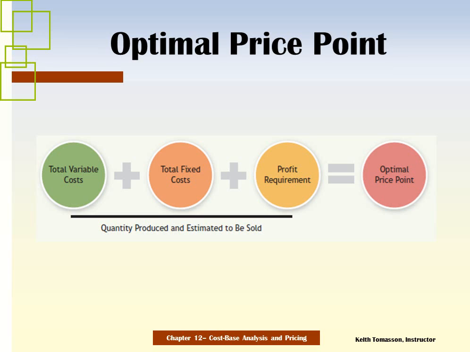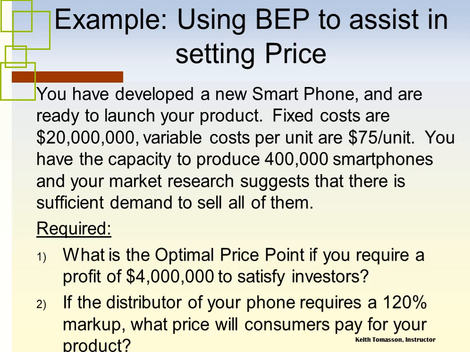So here, just remember that the optimum price point is the total variable cost plus the total fixed cost plus our profit requirement divided by the quantity produced and estimated. So in our example, let's say you've developed a new smart phone and you're ready to launch your product. You've developed this product and tested it and ready to introduce it to the market.